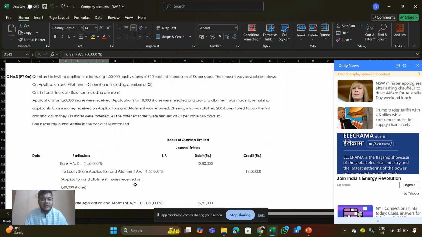Next, to bank. Why bank? Because they said 10,000 shares were rejected, and the pro rata allotment was made to the remaining applicants, and the balance will be rejected.